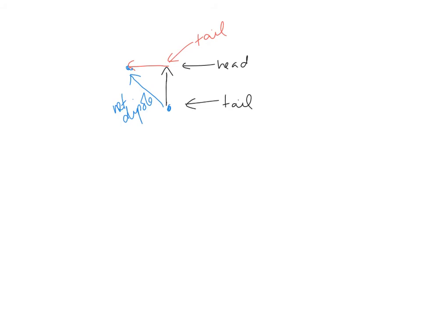Your resultant or your net dipole has a tail and a head. The tail is at the start. The head is at the end. So where your last vector finished is the head of your resultant or your net dipole.